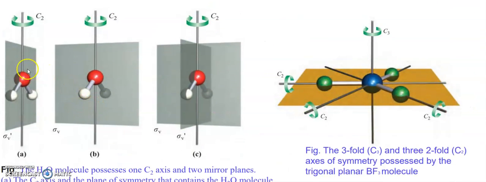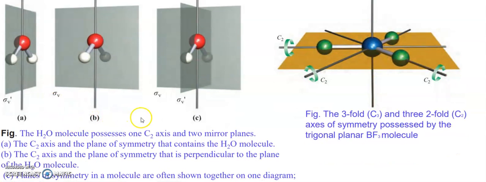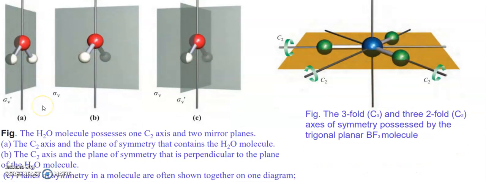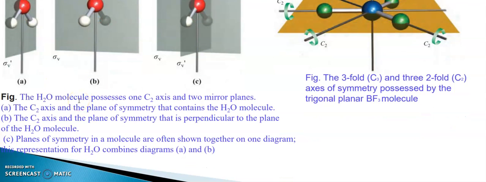Now, another example you can see about the plane. The H2O molecule possesses one C2 axis and two mirror planes. It is passing through the oxygen, the C2 axis, which is the main axis. One plane of symmetry contains the H2O molecule and the C2 axis, and the other plane of symmetry is perpendicular to the plane of the water molecule. Planes of symmetry in molecules are often shown together on one diagram.